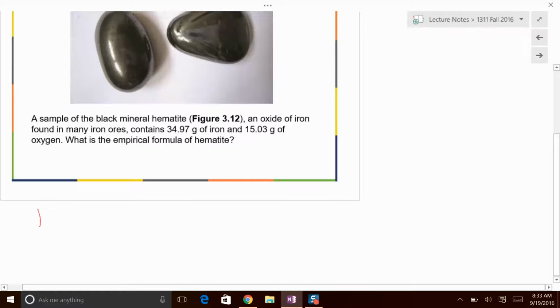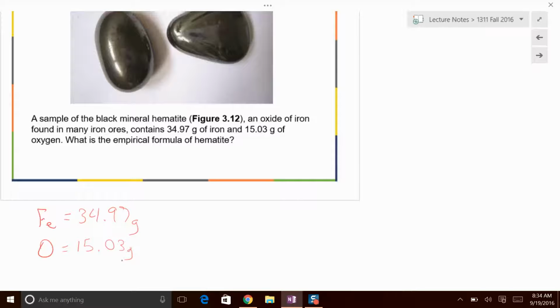So we have Fe, iron, equals 34.97 grams of the iron, and we have oxygen, which equals 15.03 grams of oxygen. And this is within a sample of this.